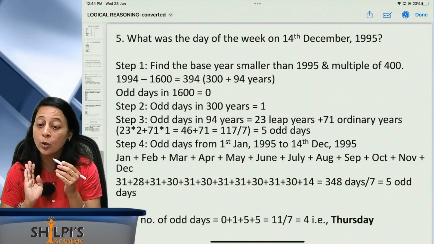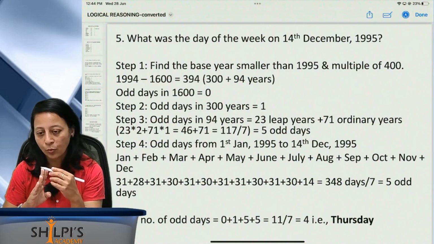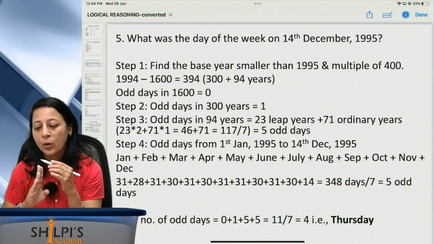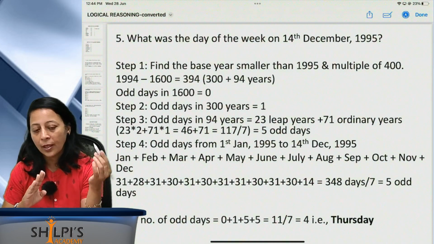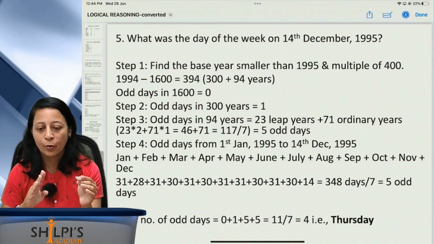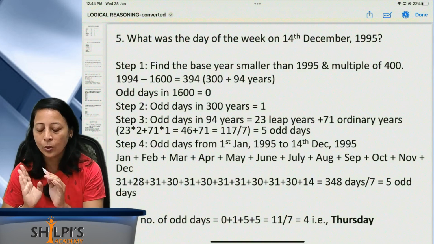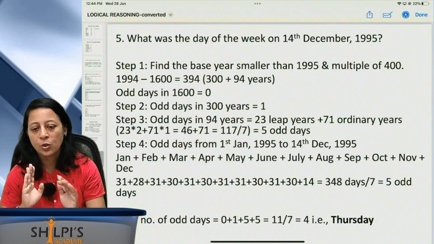After that it is 2000, since 1600 plus 400 is 2000. Then after 2000 it is 2400. Likewise, before 1600, minus 400, it is 1200. So the base year smaller than 1995, the multiple of 400, will be 1600. Those are all completed years without any odd days, so just forget about it.